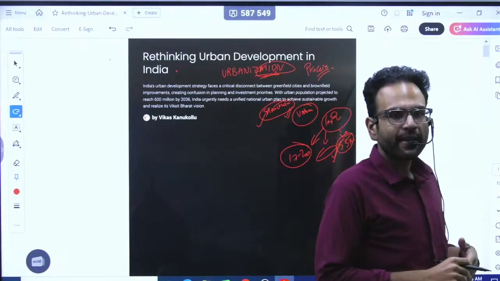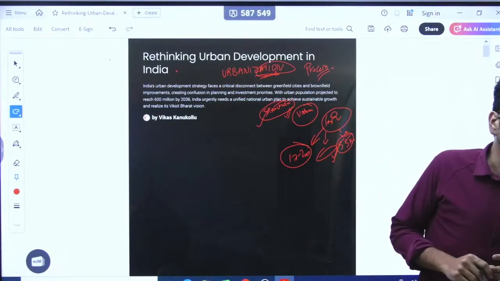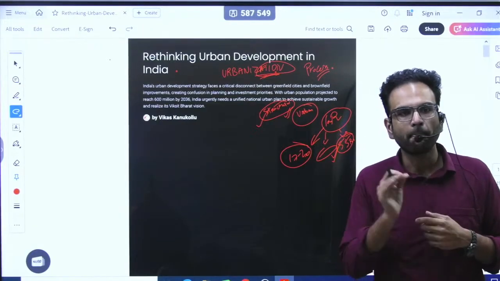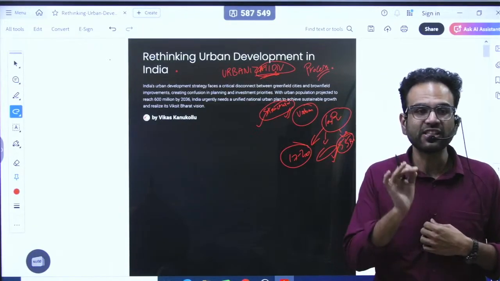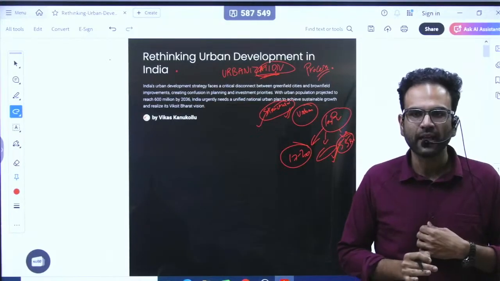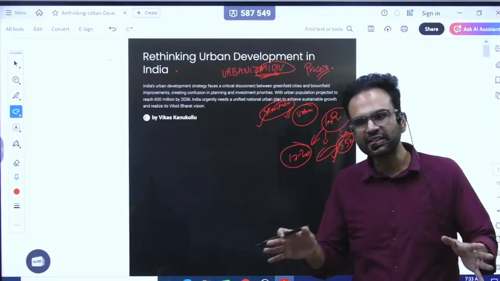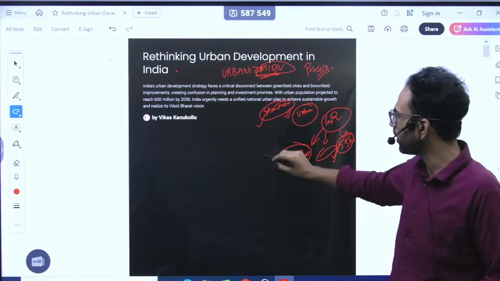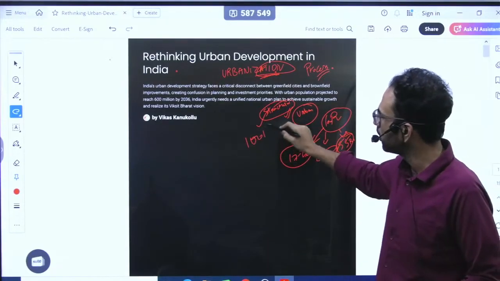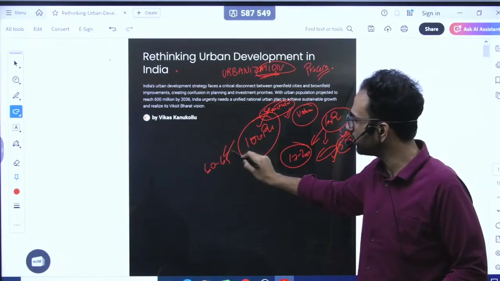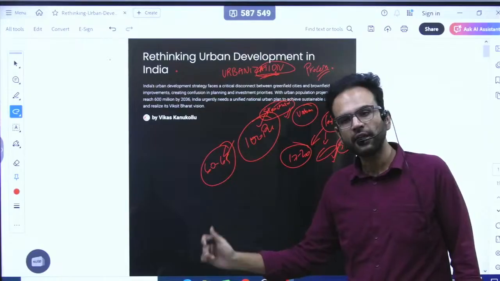So, estimates of Niti Aayog and other research says that by 2036 we'll have 60 crore people in the cities of this country. As of now, almost 60% of India's GDP, that is out of 100 rupees, almost 60 to 65 rupees is coming from cities.